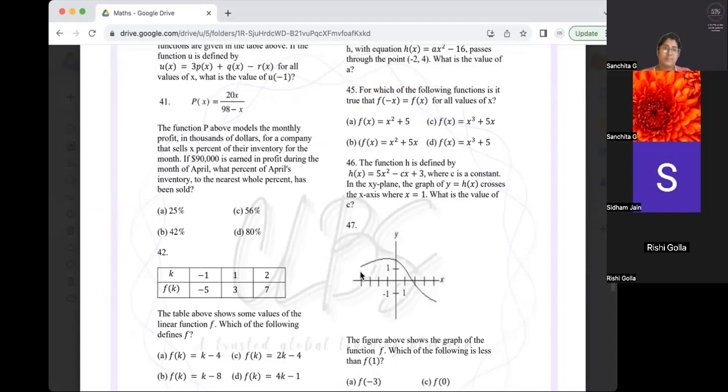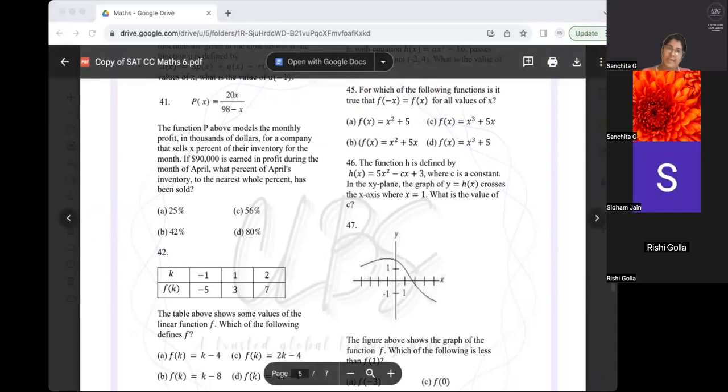46. 8. Beautiful. Ma'am, I didn't get this one. Okay. 8 is correct. Let's see. A graph crosses the x-axis. Do you take h of 1 as 0 or not? I'm going to explain that. The graph crosses the x-axis.